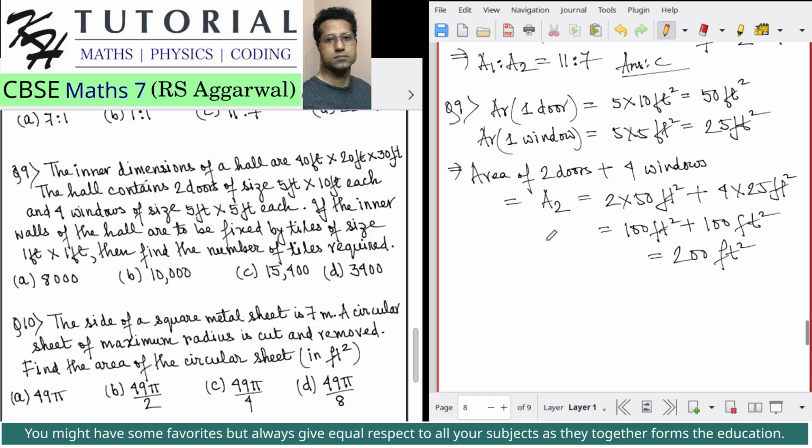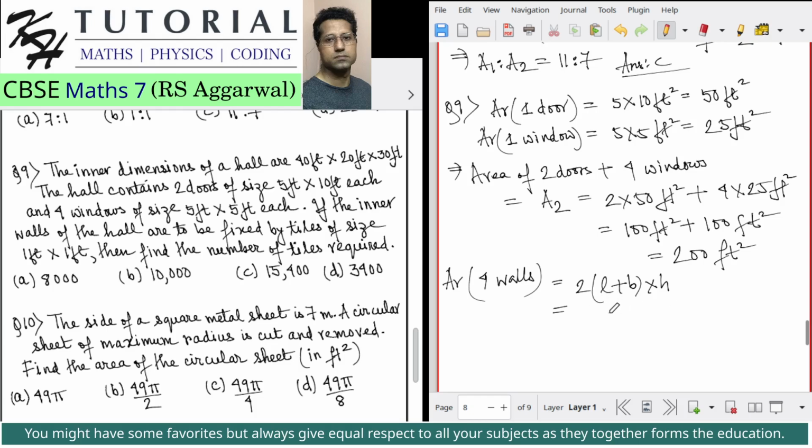Now what is the area of the 4 walls? The total area of the 4 walls of the room is equal to, we know, 2 into length plus breadth multiplied by height, where L, B, H are the dimensions of the room, that is L is length, B is breadth and H is height.